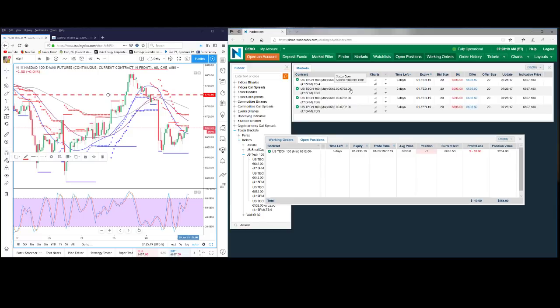So you would still have a loss, but not a full loss. Or it could actually, if you did not have this working order here, then it could go down, move below 66.12, okay? And then you would realize the full profit. Any questions on that?